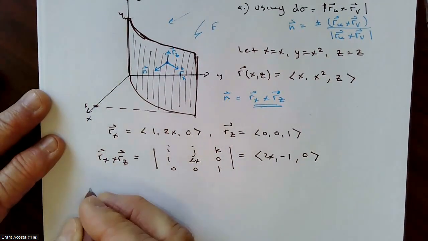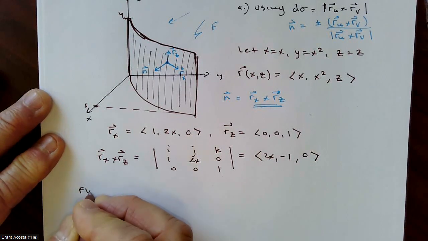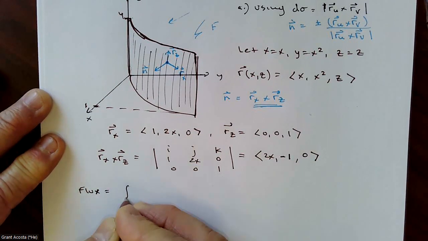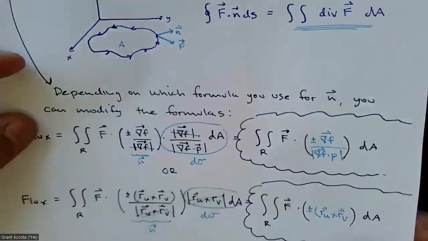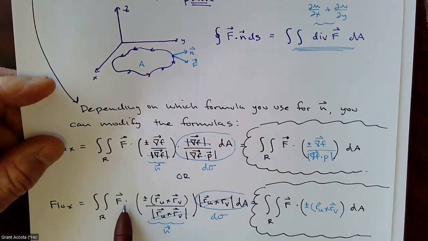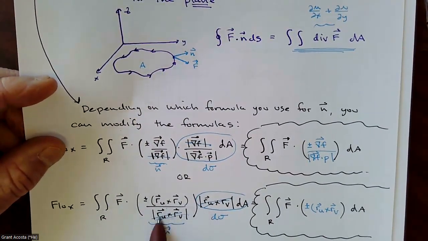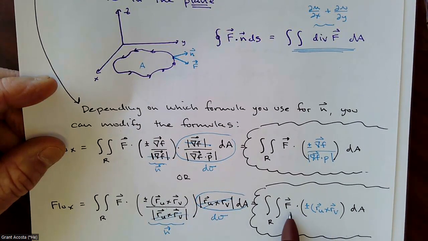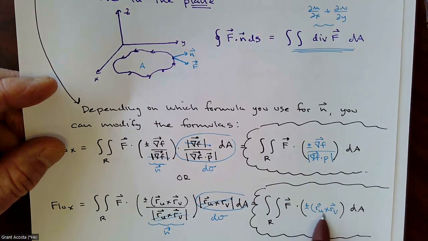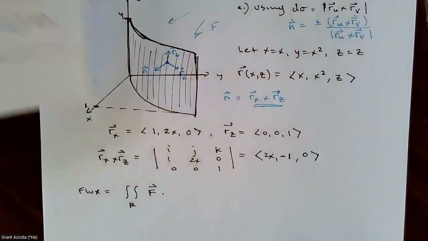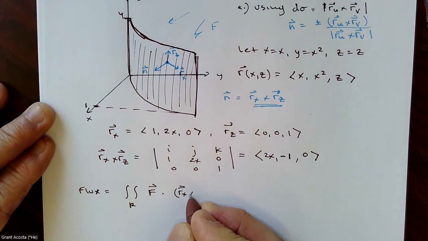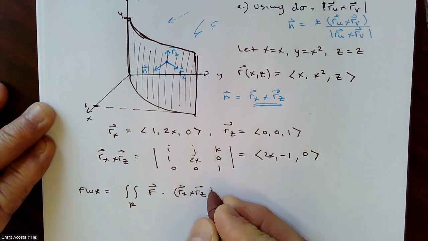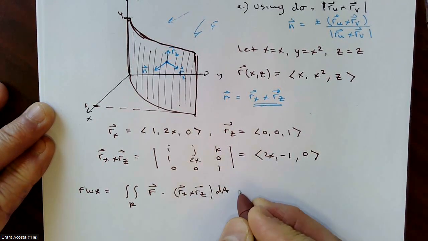And in my formula for flux, integrate over the region, F dotted with n d sigma, but these two are going to cancel out. So it's just F dotted with, now we know it's R sub x crossed with R sub z, over the area.